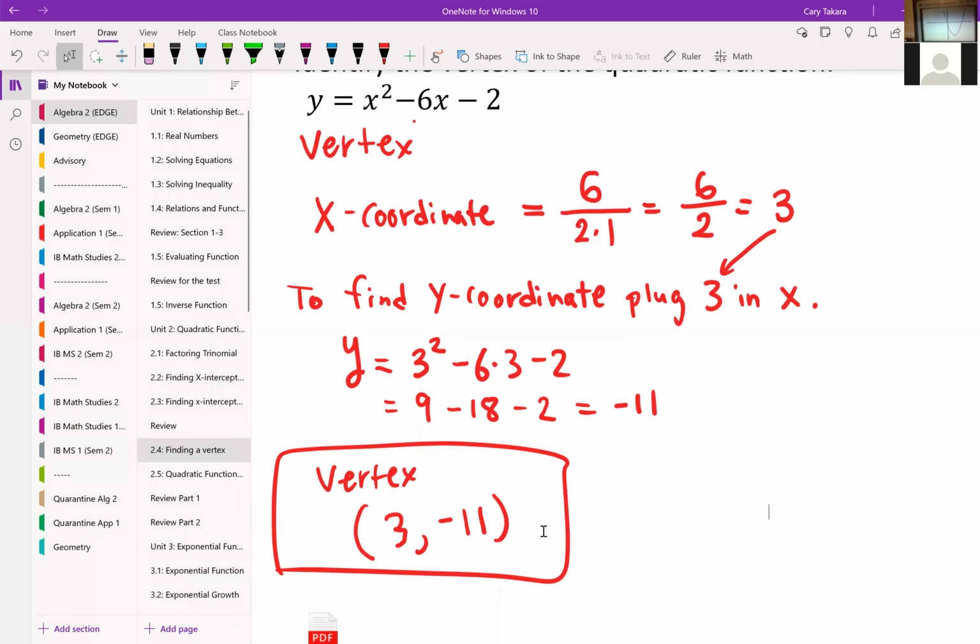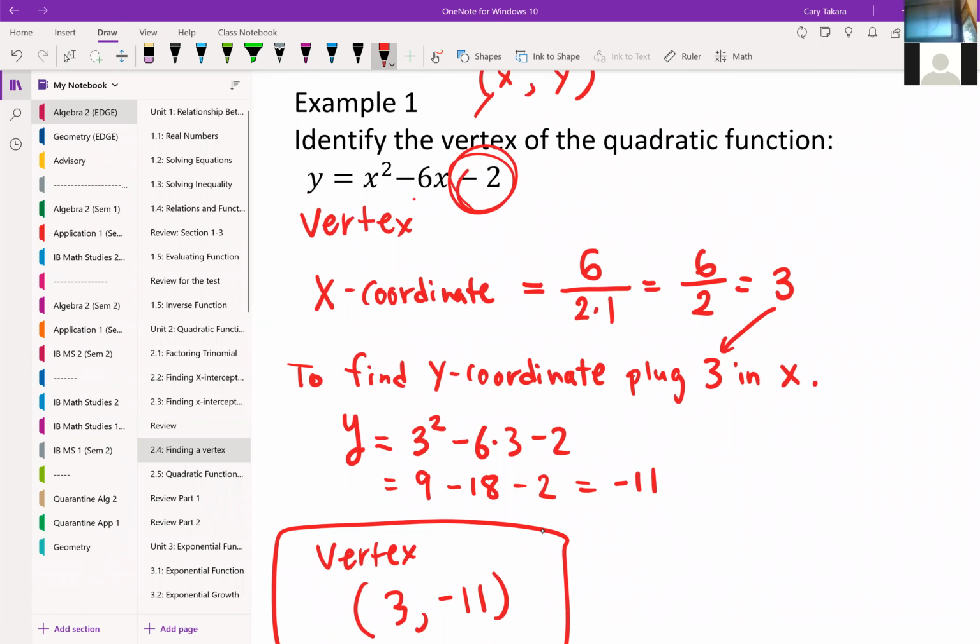I know it's kind of hard to see, but here's the vertex. And it does look like about 3 and then negative 11. Right? And then the y-intercept is right there. The y-intercept is negative 2, but the vertex is 3, negative 11. Okay.